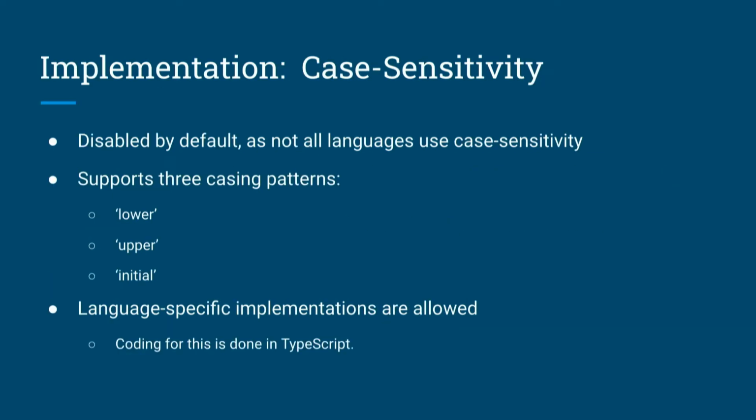For case sensitivity, we consider three main cases: lowercase, initial case, and unfortunately I hadn't fully read up on the documentation properly when designing this, so I called it title case, initial case. Hopefully we can find a good way to correct that at some point, but for now it's called initial. You can code this up in TypeScript to be able to follow standard casing patterns.